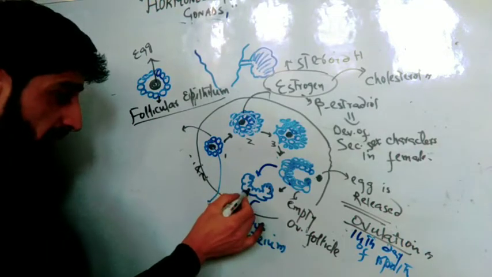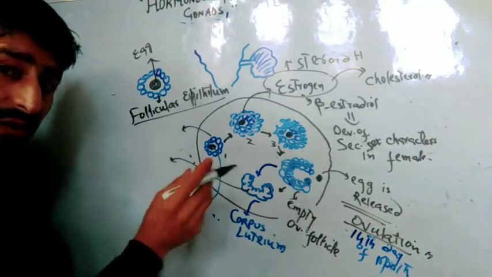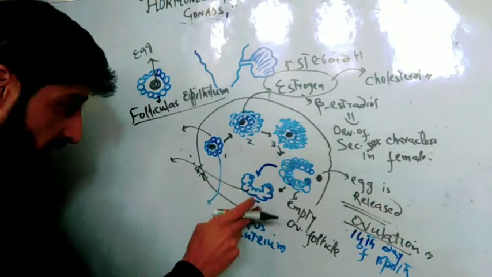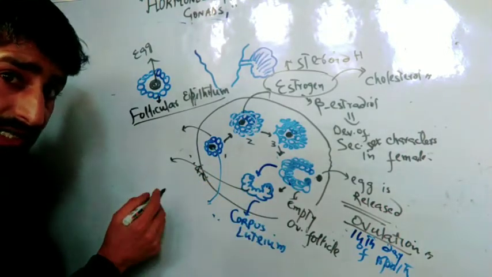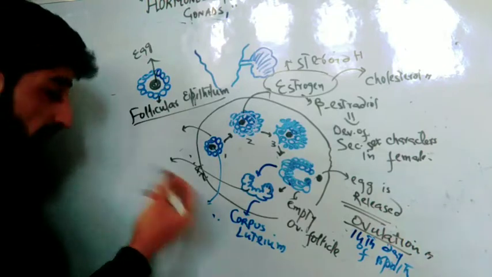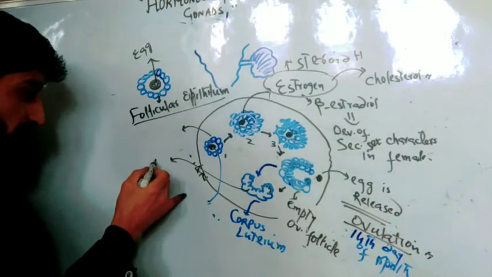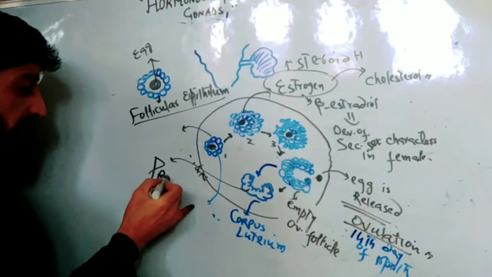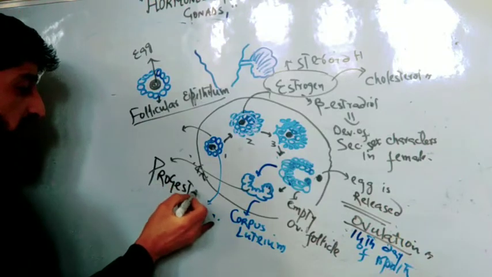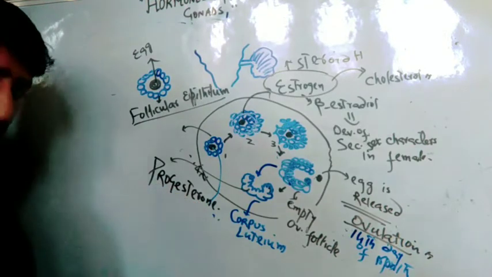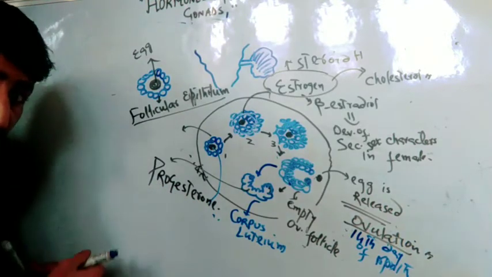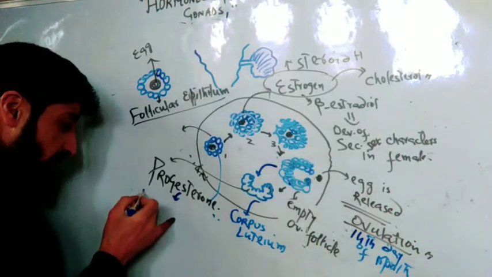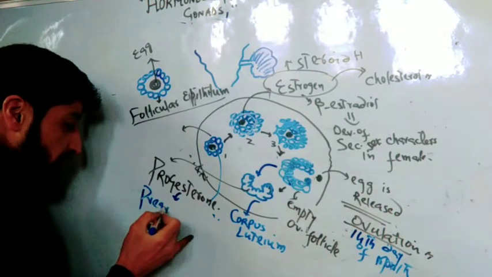This corpus luteum acts as endocrine structure in females. And this corpus luteum produces one special hormone. That hormone is known as progesterone. And this progesterone hormone is also known as pregnancy hormone.